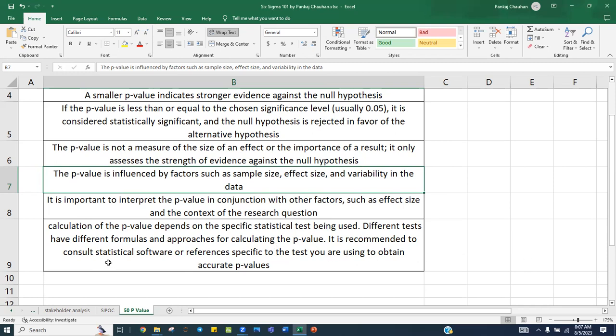It is recommended to use statistical software, maybe Minitab, JMP, Statistica, or any other, specific to the test, to obtain an accurate p-value.